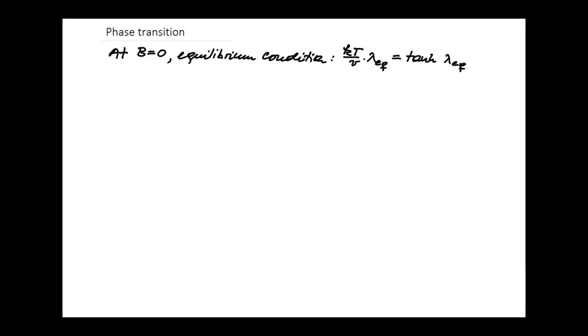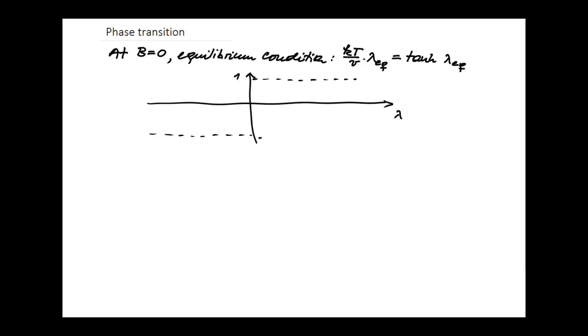Let us sketch the left and the right-hand sides as functions of lambda. So we have lambda, and let me indicate +1 and -1. The hyperbolic tangent of lambda has this shape. The blue curve is the hyperbolic tangent as a function of lambda.